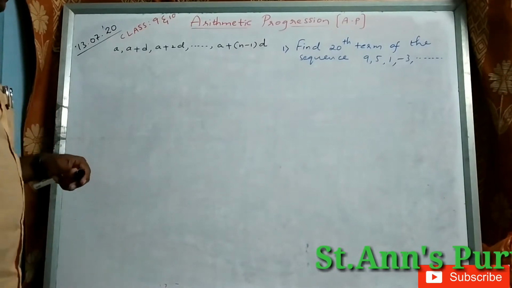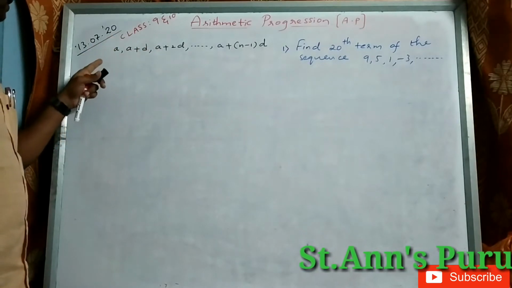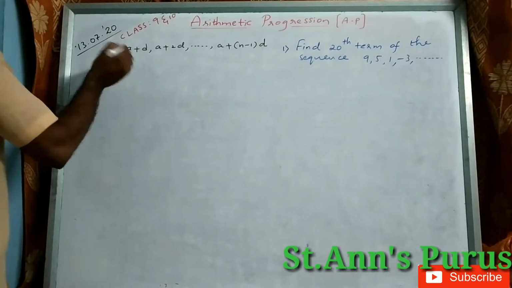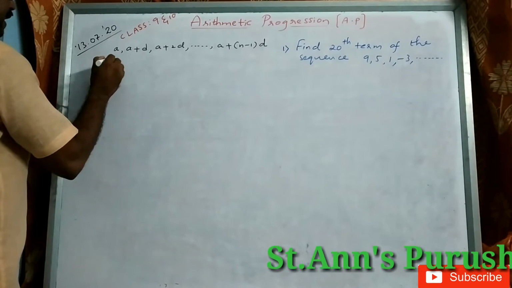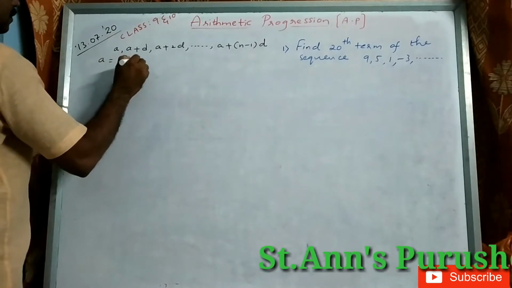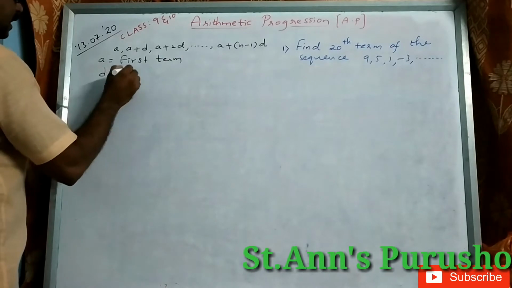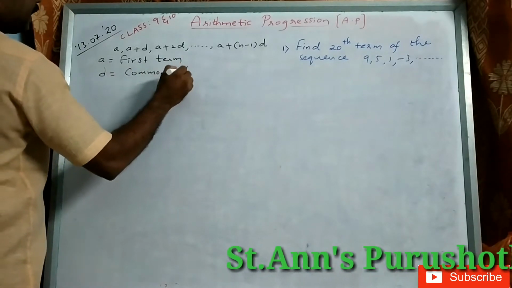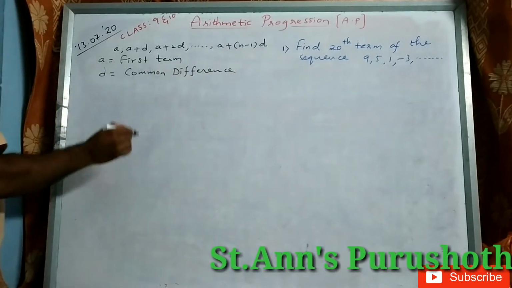Arithmetic progression means one fixed term is added to the previous term to get the next term. Remember that point. That added number is called the common difference. Here a is called the first term and d is called the common difference.